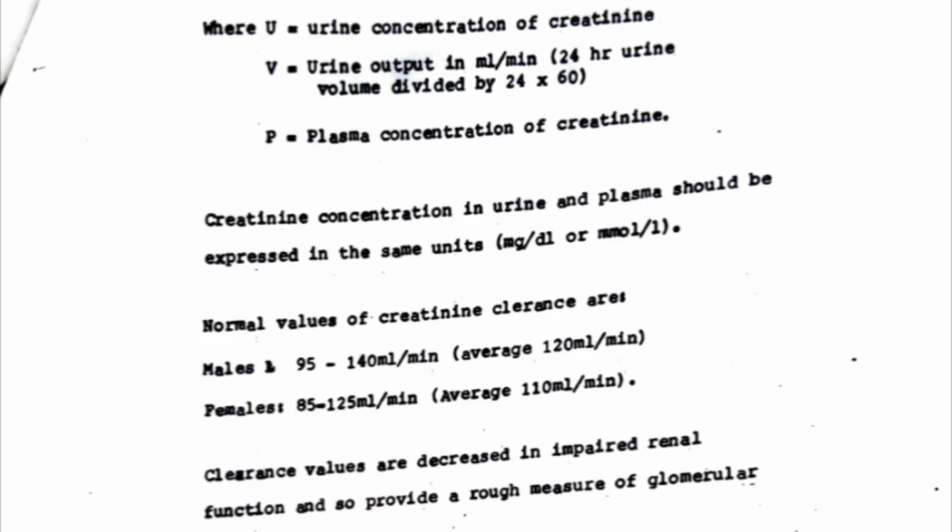Normal values of creatinine clearance in males are 95 to 140 ml per minute, and in females 85 to 125 ml per minute. Clearance values decrease in impaired renal function, and so provide a rough measurement of glomerular damage. This can be asked, why creatinine clearance is important, so you can say this.